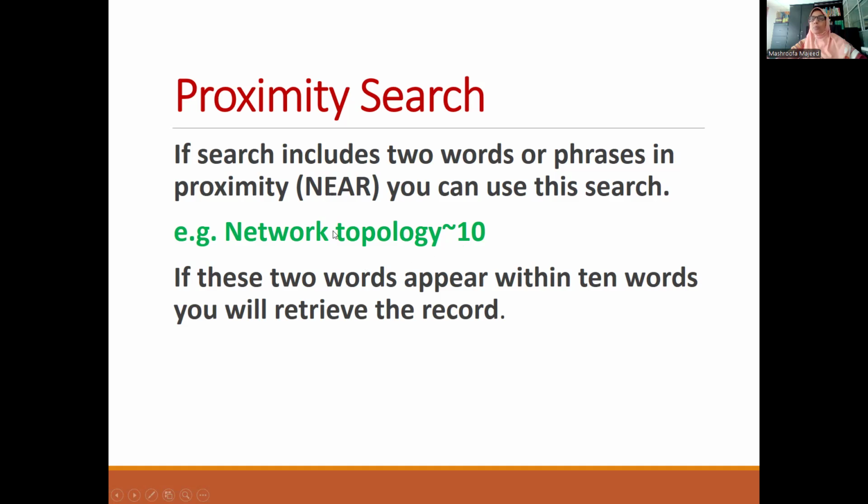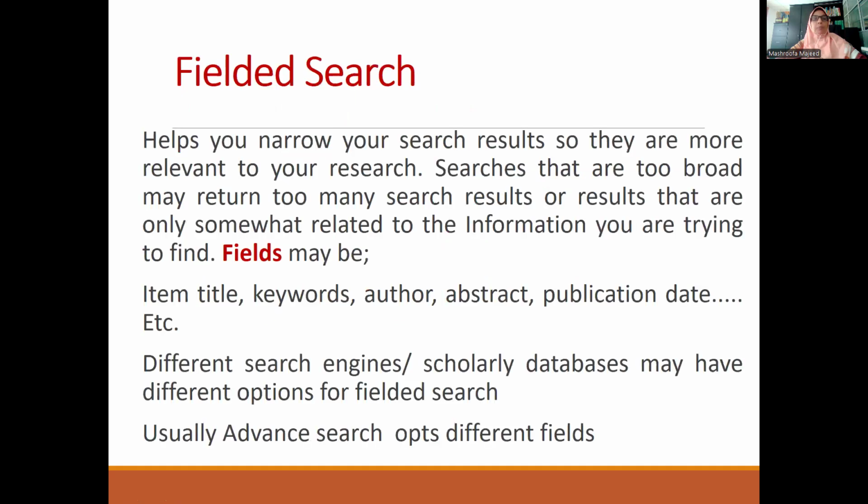So these two terms should appear within 10 words in my result. Similarly, if I want within 5 words, then I can type network topology and the number 5. The results will show the two terms within 5 words.